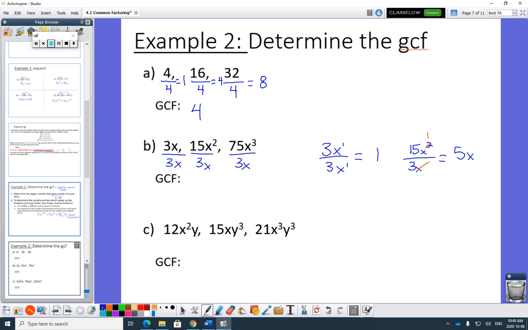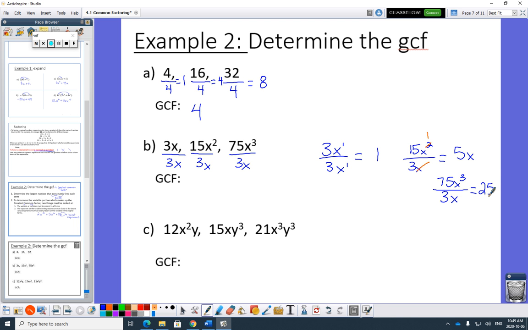Basically, when you're canceling, you're essentially subtracting. And then 75x cubed divided by 3x. 75 divided by 3 is 25. If you don't know that, just put it in your calculator.